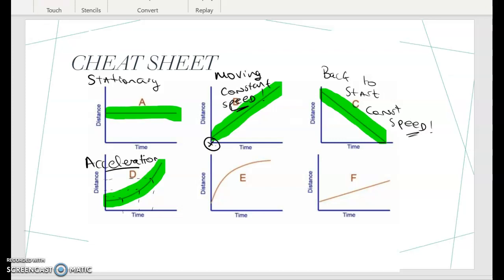This, E, on the other hand, is also an acceleration, but this time, if you break it into even sections of time, then you'll see that the distance is still increasing, but not as much. Every time it's getting just a little bit further away, and that means that it's slowing down.